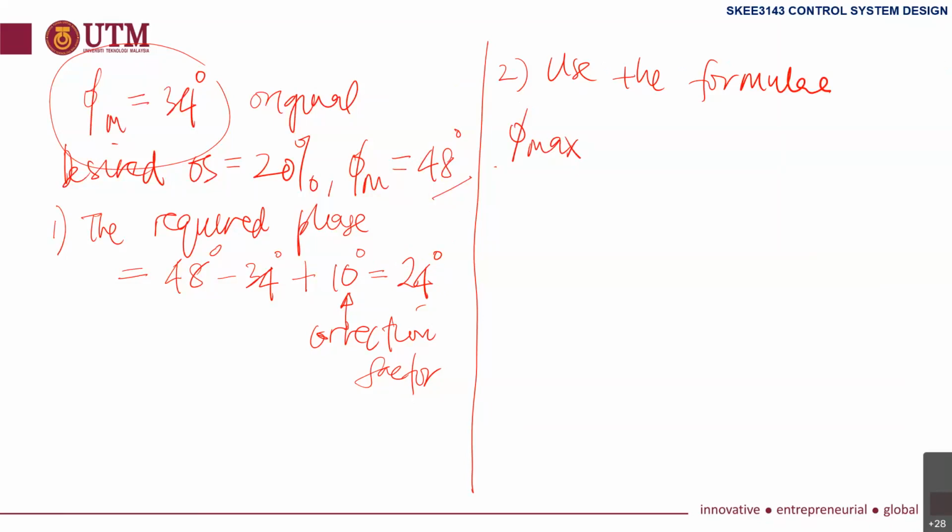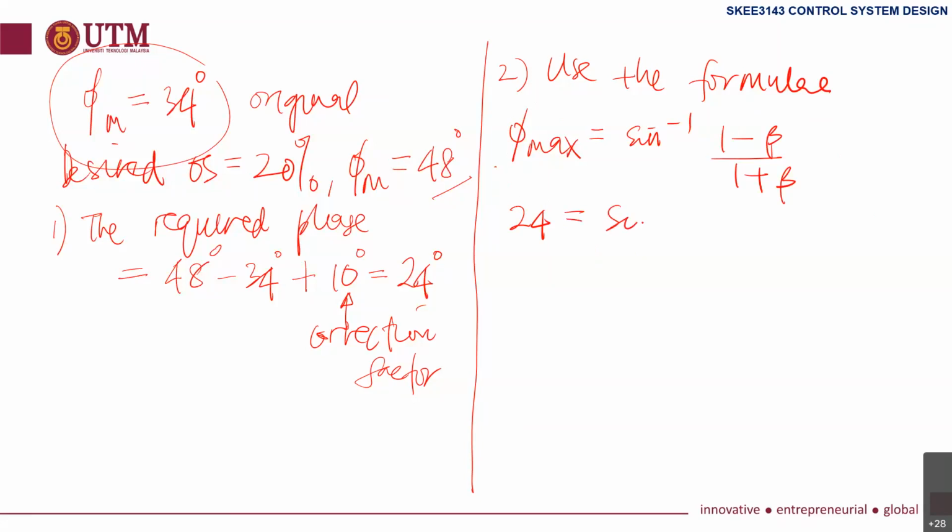Phi max equals inverse sine of (1 minus beta) over (1 plus beta). We know phi max here is 24, the phase that we want to add.